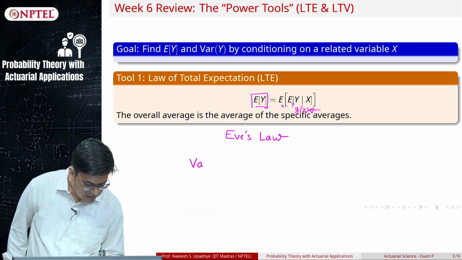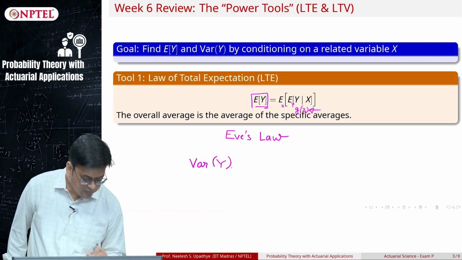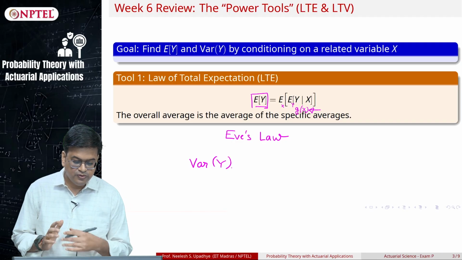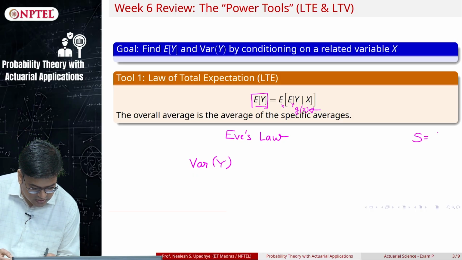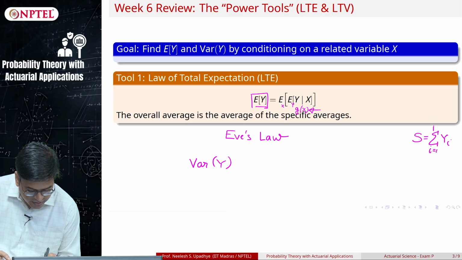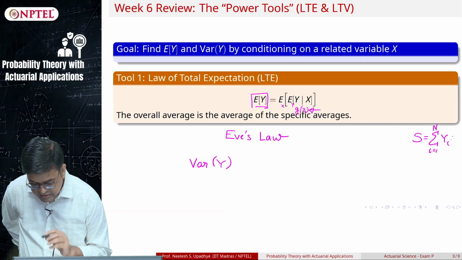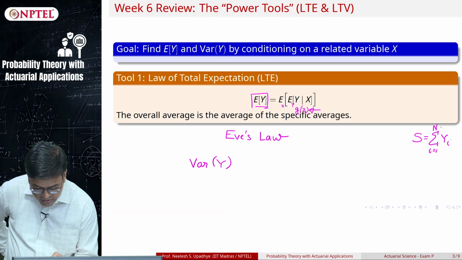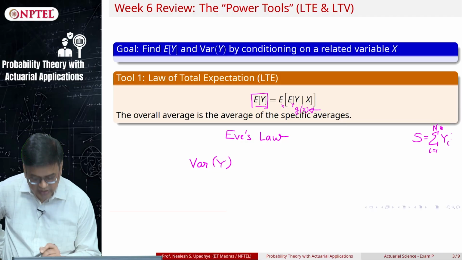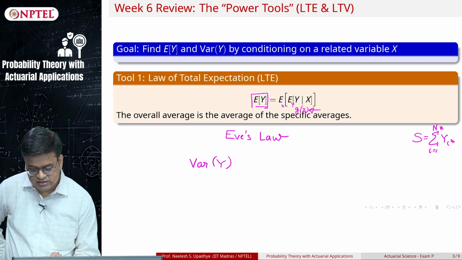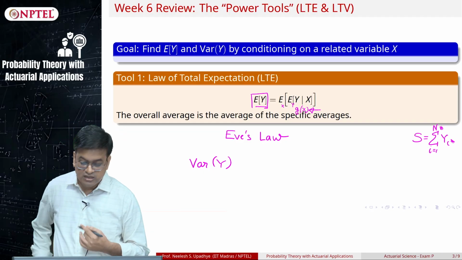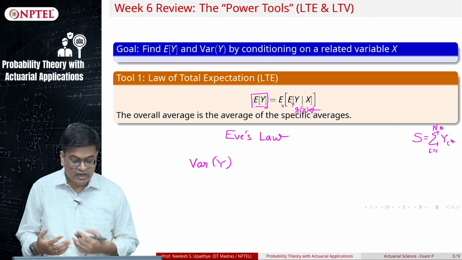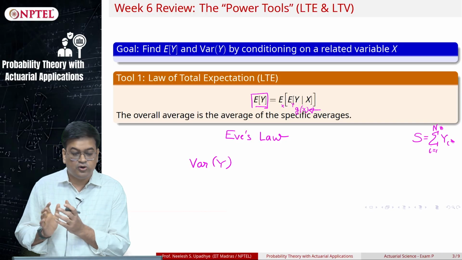Say I want to talk about the variance of Y. If you look at our problems, for example S, which was the sum over Yi, i equal to 1 to N, the variability comes in two forms. One is the variation in the frequency. Another one is the variation in severity. So in this case, how will I handle the variances, because there are two forms of variance?